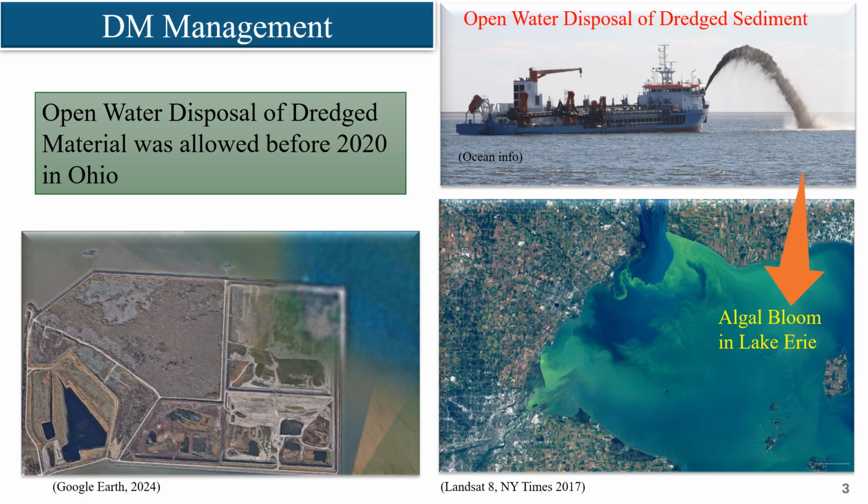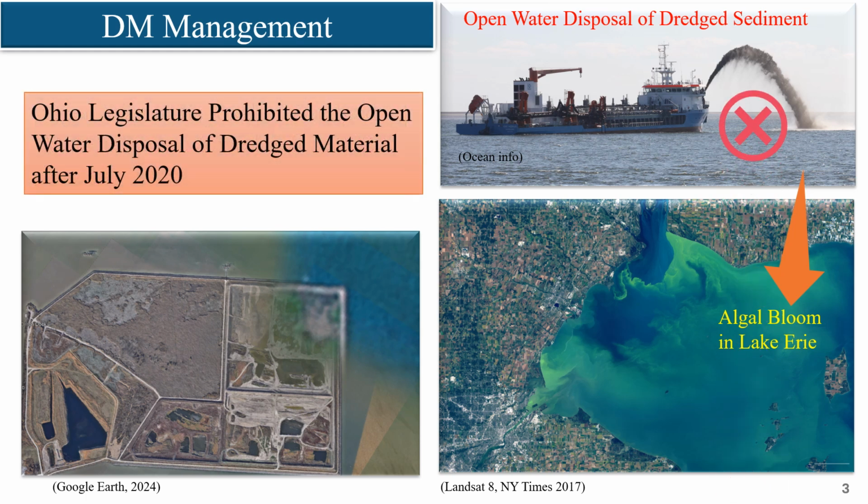To combat this problem of algal bloom and water quality issues, the Ohio legislature prohibited the open water disposal of dredged materials in Lake Erie after July 2020. Since then, the dredged materials are being managed at dredged disposal facilities such as Toledo Harbor Dredged Material Facility 3 and other disposal facilities in Ohio.